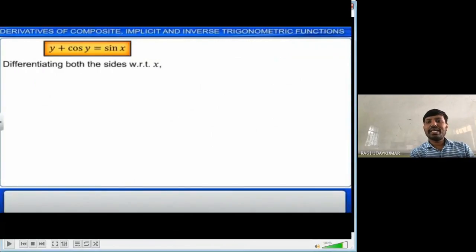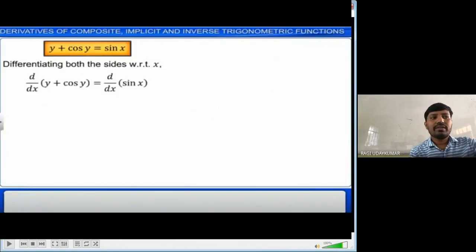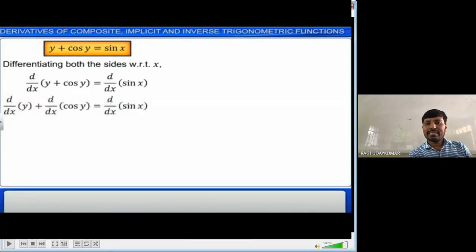So differentiating with respect to x on both sides: d by dx of y plus cos y equals d by dx of sin x. So what do you get here? dy by dx plus d by dx of cos y, and d by dx of sin x.